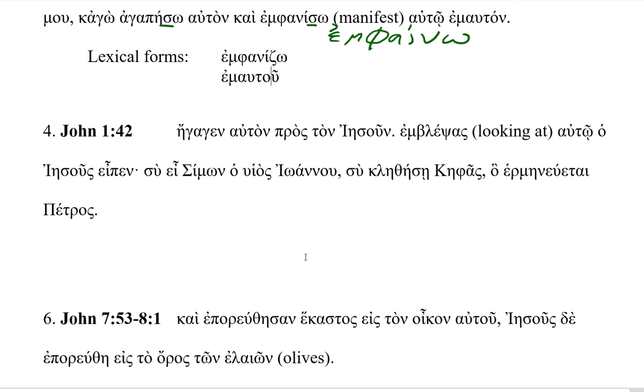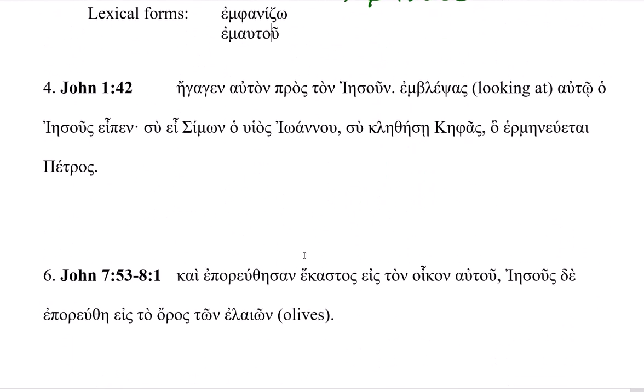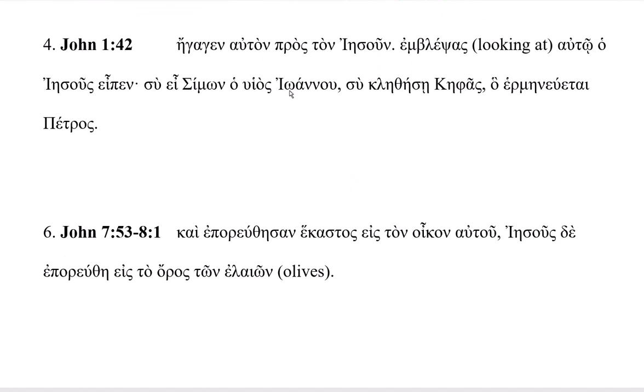All right, let's look at John 1:42. All right, let's read this now. Egagen auton pros ton Iesoun. Emblepsas autō ho Iesous eipen, Su ei Simon ho huios Ioannou, su klethese Kephas, ho hermeneuetai Petros.